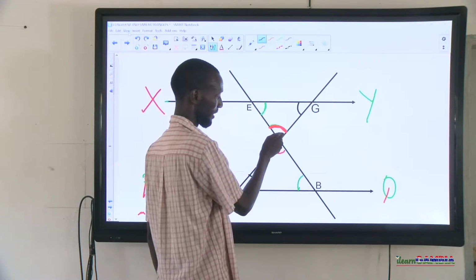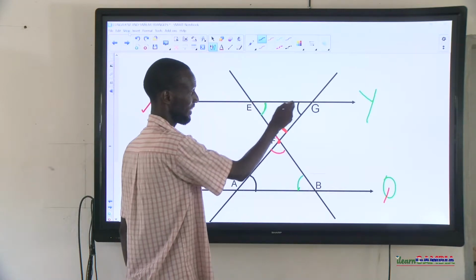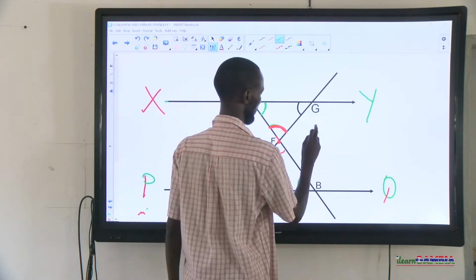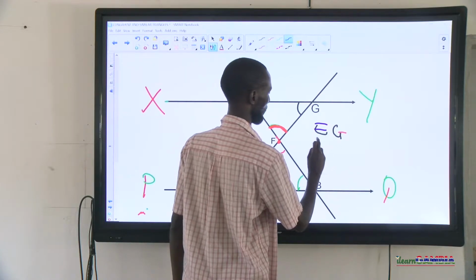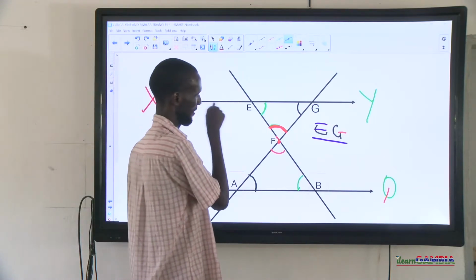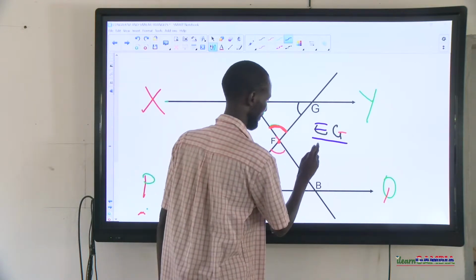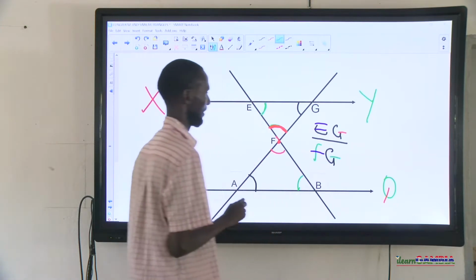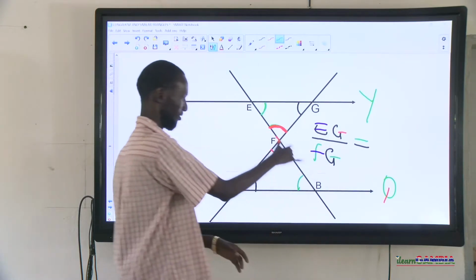The side opposite that red angle is EG. Okay? So if I take that EG over, let me take another side of that same triangle, let's say the side opposite the green angle, and that is FG.